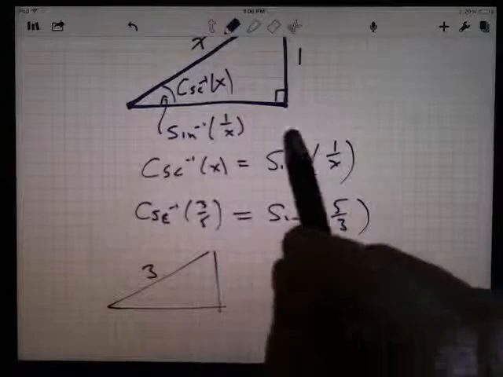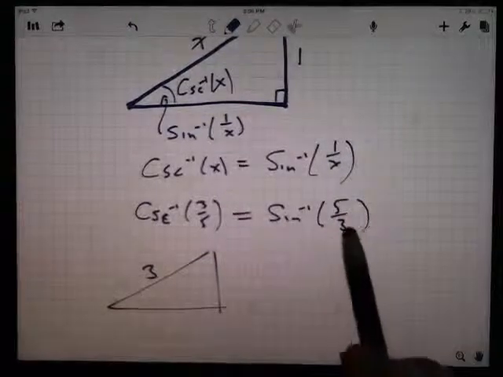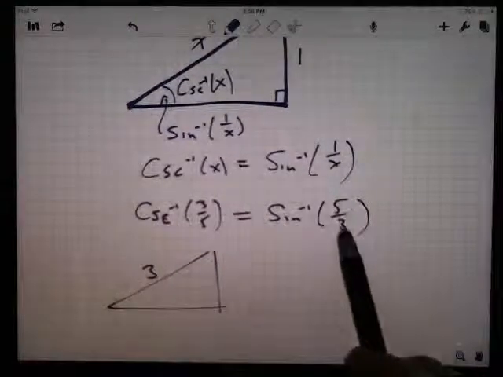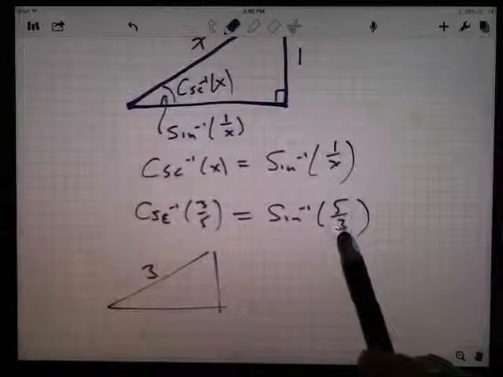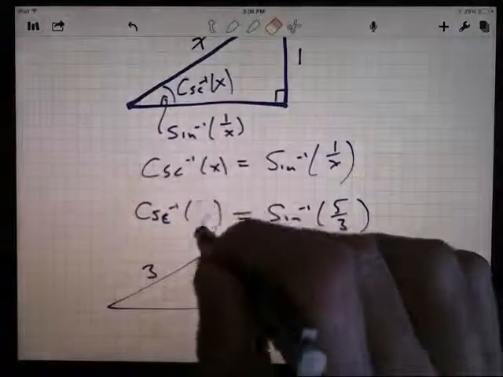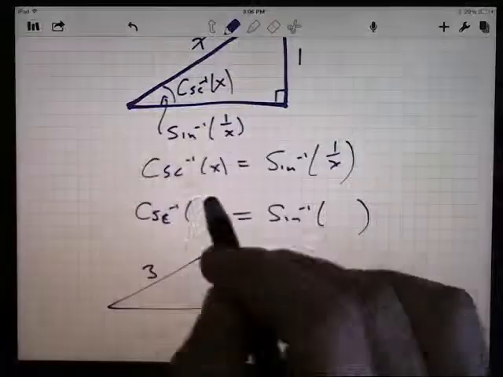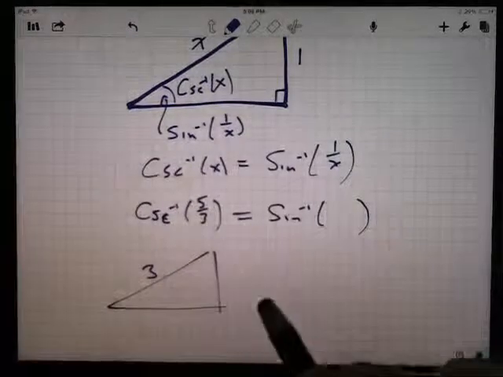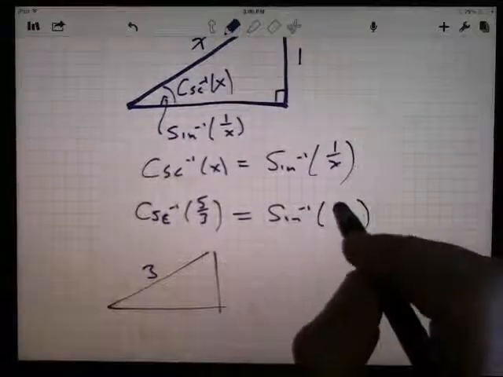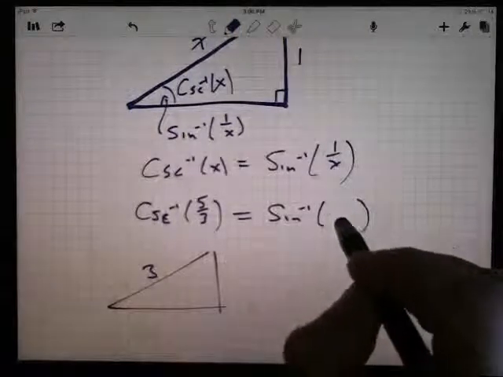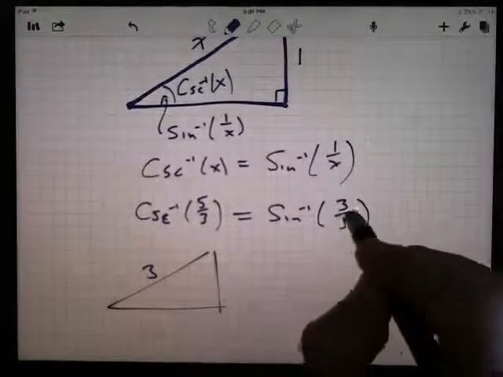We got a problem here because the sine is never 5/3. That's too big. So let me back up a moment and flip that over to start with. Cosecant might be 5/3 for an input, and so the sine would be 3/5.